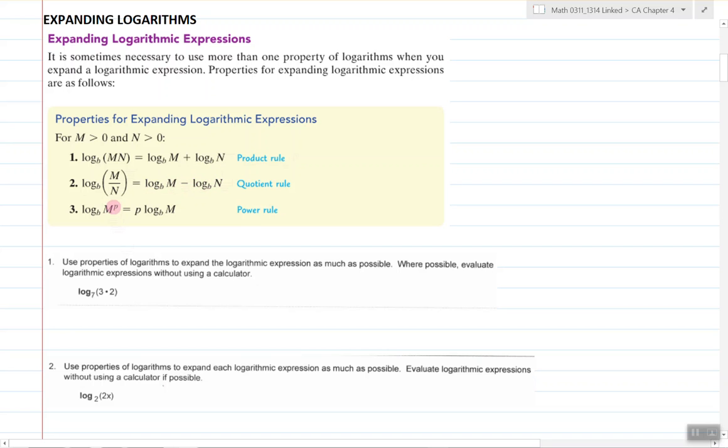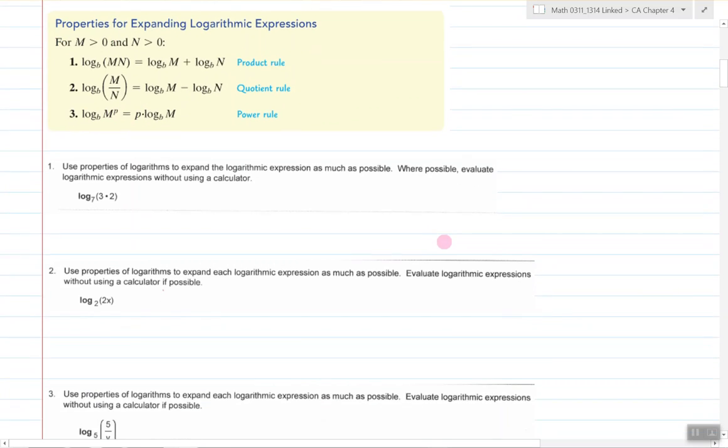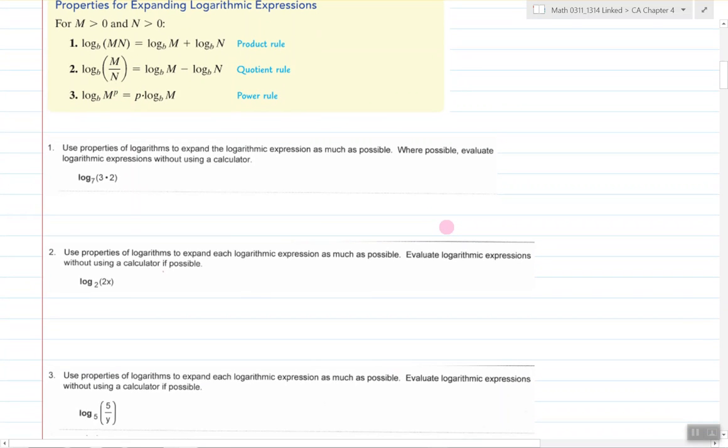The last one is the power rule. If you have log base b of something to a power, that power becomes a factor. It will sometimes look like a coefficient in front of the log. So let's look at these. Expanding and condensing, I think you will find pretty easy if you just identify what the situation is.